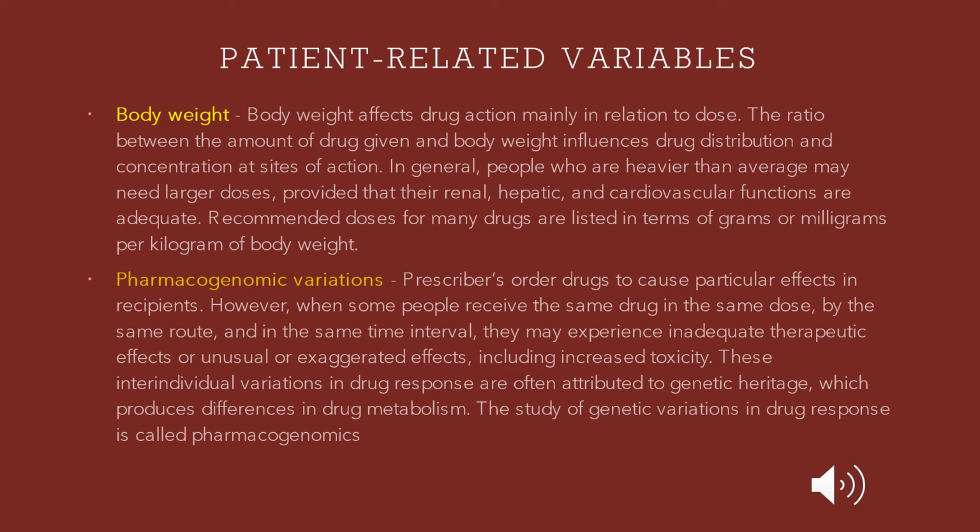Pharmacogenomic variations. The prescriber orders drugs to cause effects in recipients. However, when some people receive the same drug in the same dose by the same route and in the same time interval, they may experience inadequate therapeutic effects or unusual or exaggerated effects, including increased toxicity.